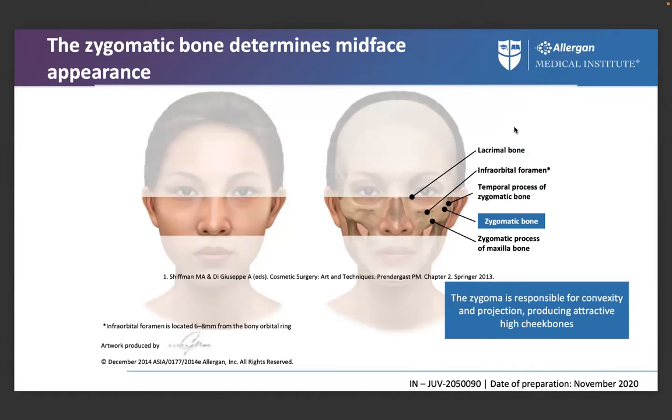And the third reason is that when we are looking at ourselves in the mirror, it is the periorbital area and the mid phase area which we are mostly focusing on. Subconsciously, it is the central zone of the face which we are looking at. We are not looking at the peripheral zones. So this is why the aesthetic concerns are mostly and initially and maximally noticed in the mid phase.